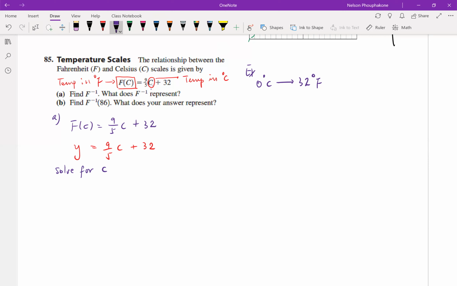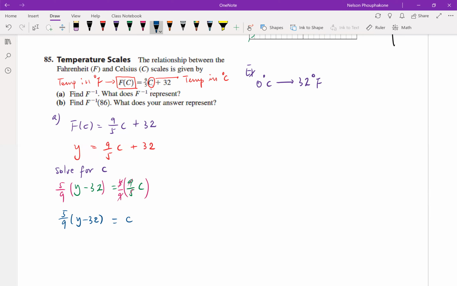Then I will have y minus 32 equal to 9/5 c. Remember, we multiply both sides by 5/9. Then we have 5/9 (y minus 32) equal to c.